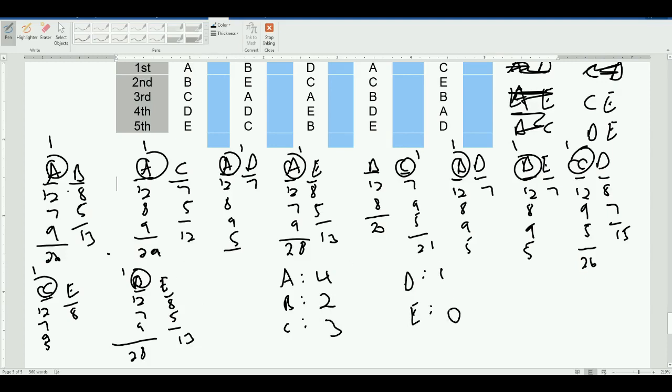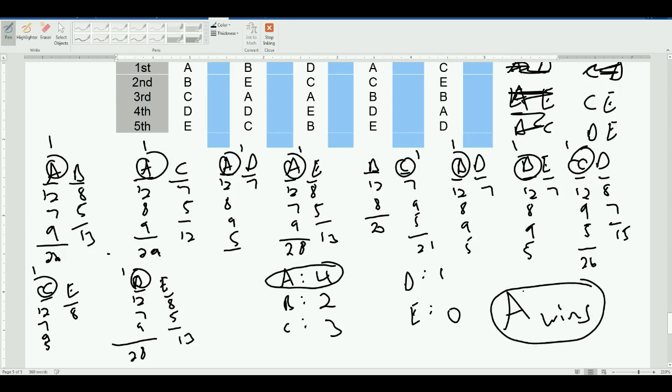Is that correct? So A has 1, 2, 3, 4. B has 1, 2. C has 1, 2, 3. And D has just that 1. So who's the winner? A wins by the pairwise comparison method.